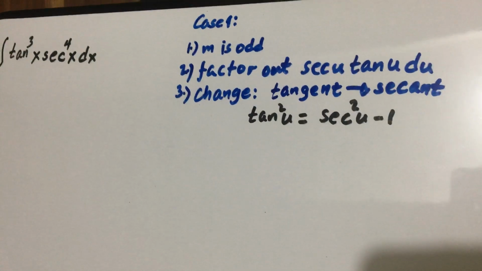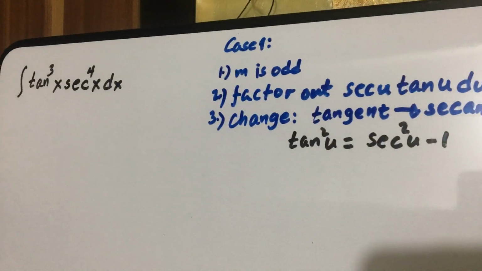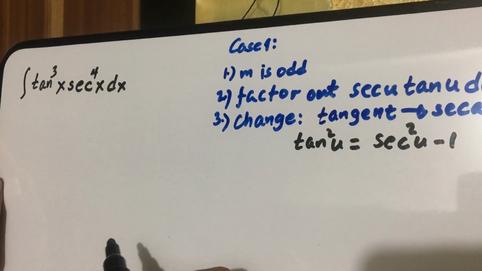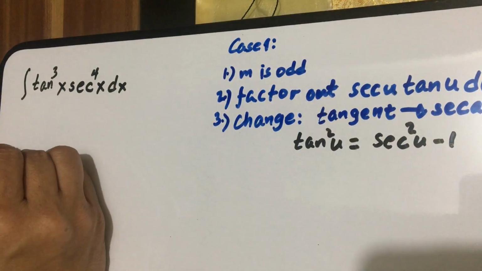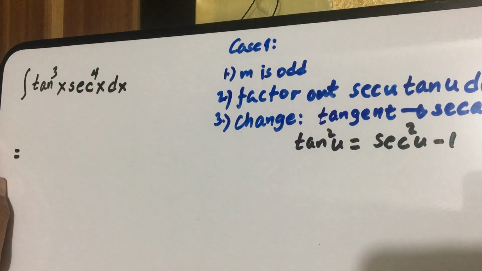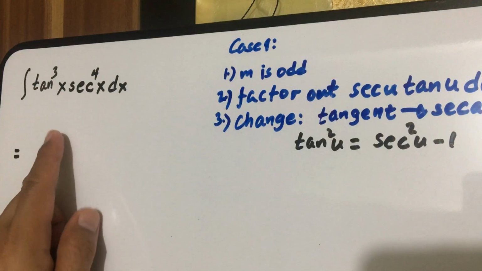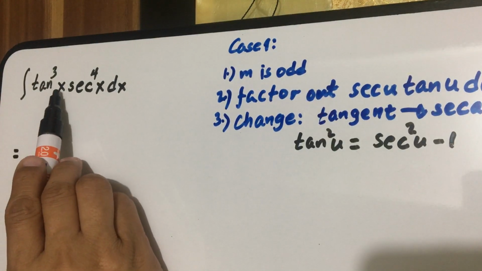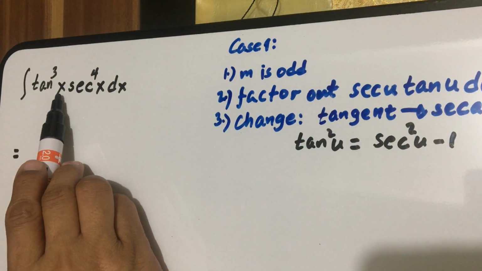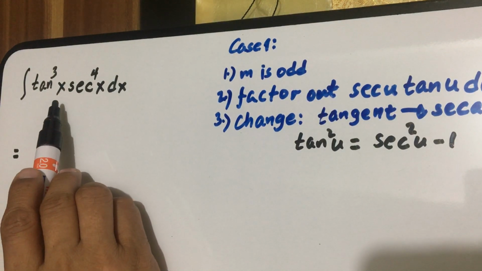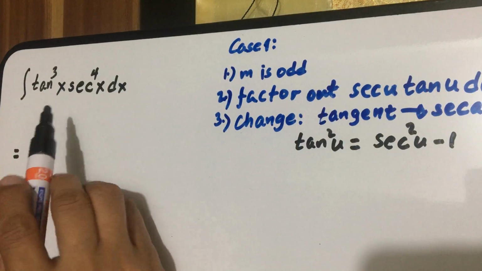To continue, I'll put the equal sign here. We break this tangent cubed into tangent squared x and tangent x.